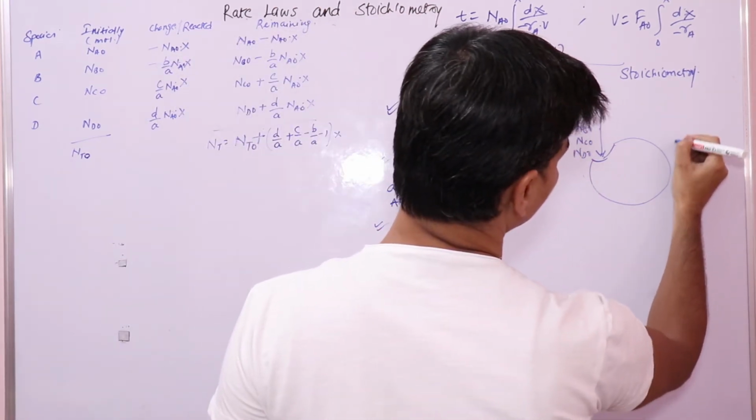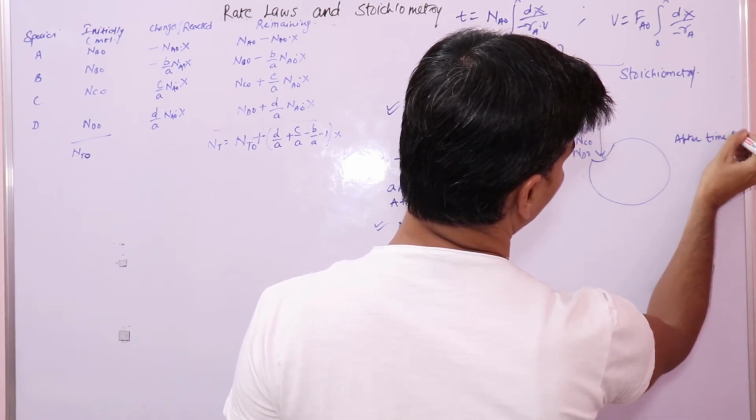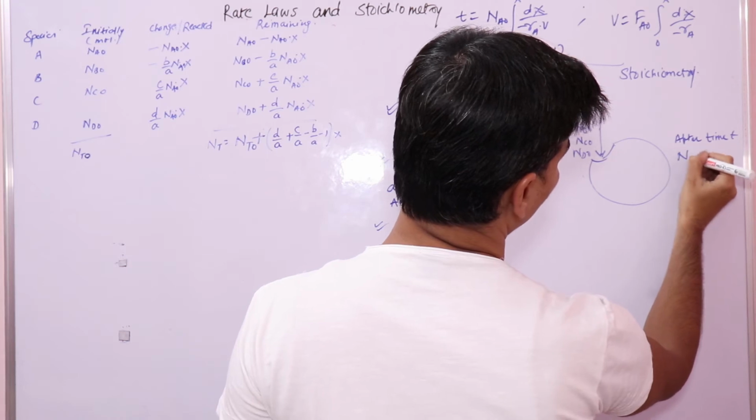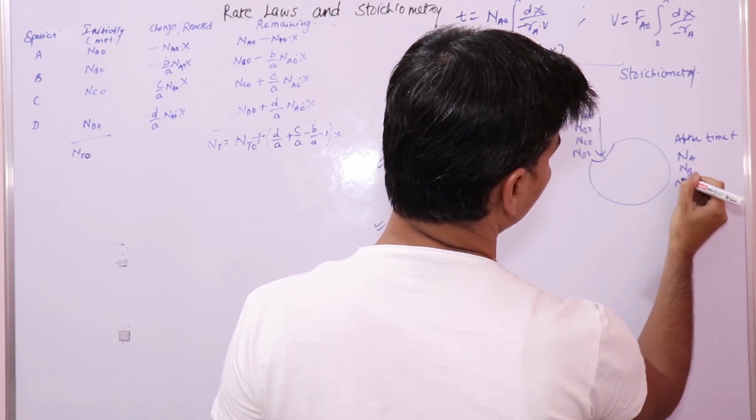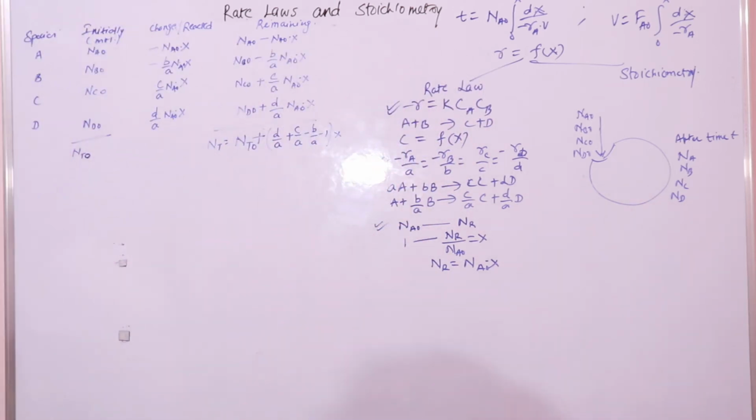And say after time t, you have Na, Nb, Nc, Nd moles of A, B, C, D.